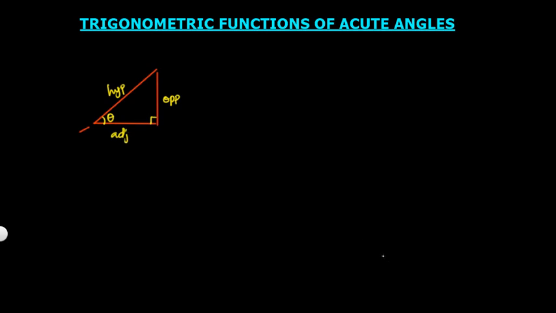So the basics of this tell us that the sine of angle theta will be equal to the ratio of opposite side to the hypotenuse side.